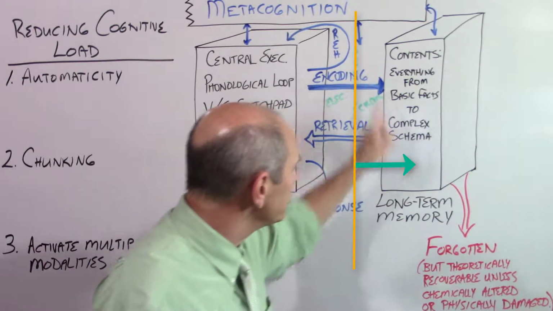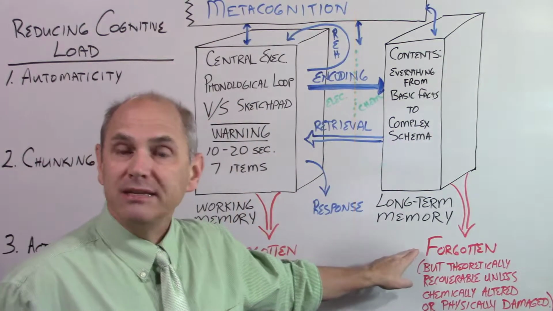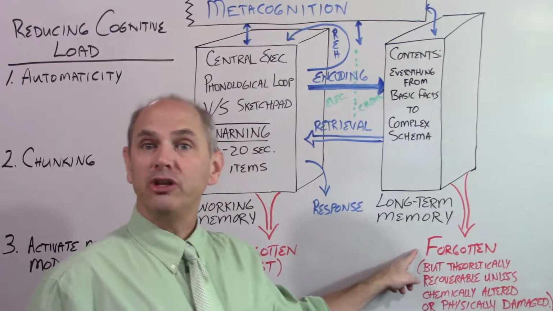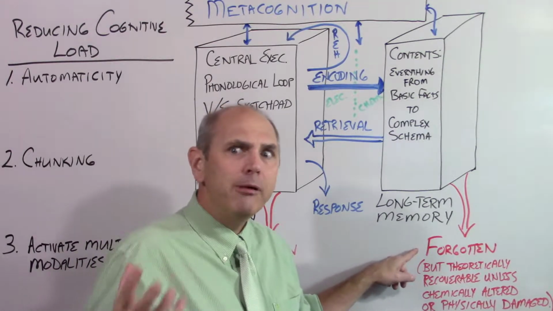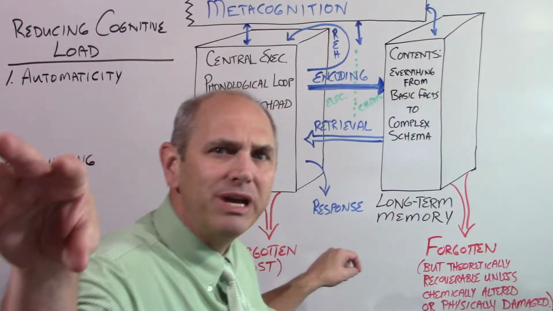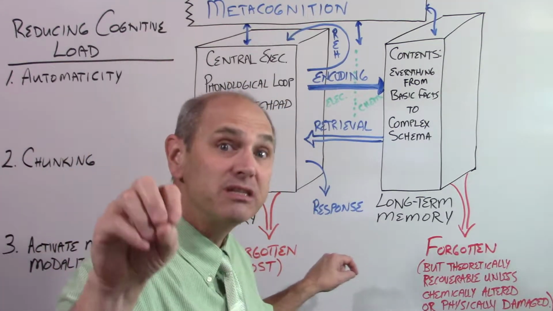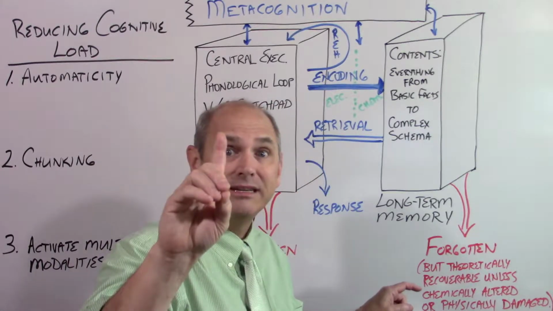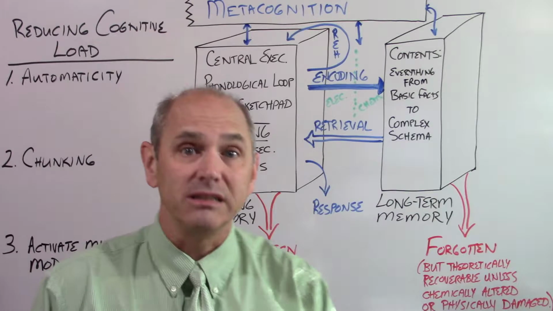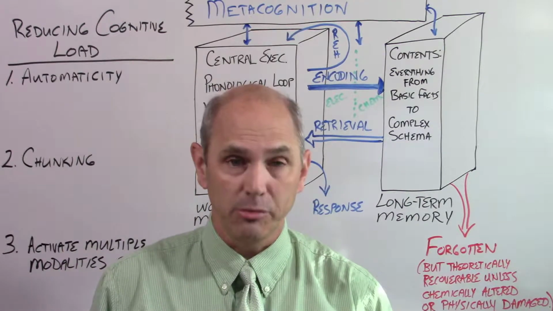So that's the reason that, if your brain is healthy, information that you've forgotten probably just isn't found because you haven't looked into your brain in the right way to find it, but it's probably still there, unless you have either chemically altered or physically damaged that section of your brain.